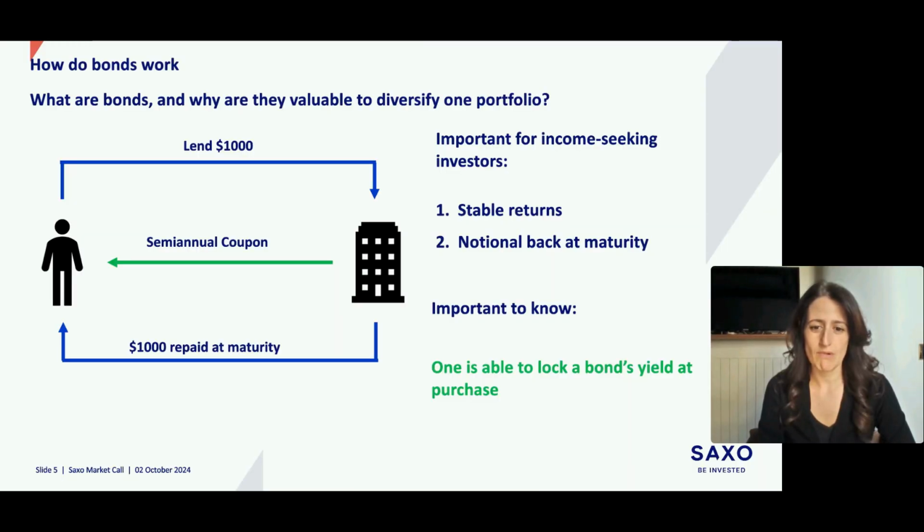I hope you hear me right, but I wanted to start this webinar with a short intro to bonds because maybe not all of you are familiar with fixed income products. So what is a bond in essence? A bond is a debt instrument issued by an institutional counterpart that is looking to raise debt to finance existing operation.